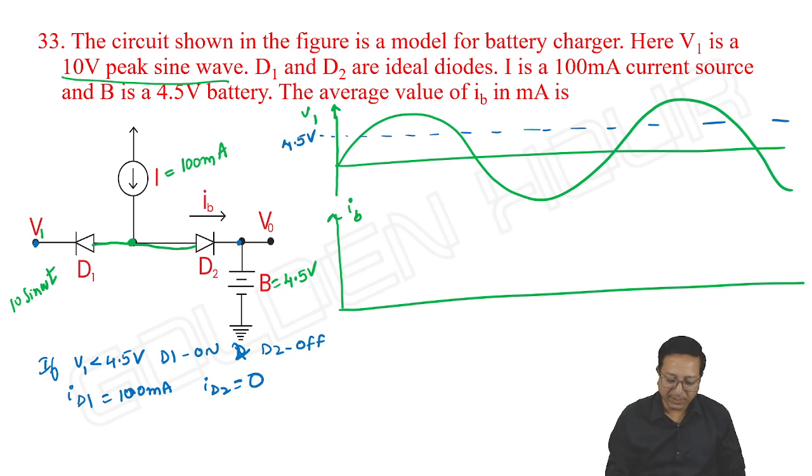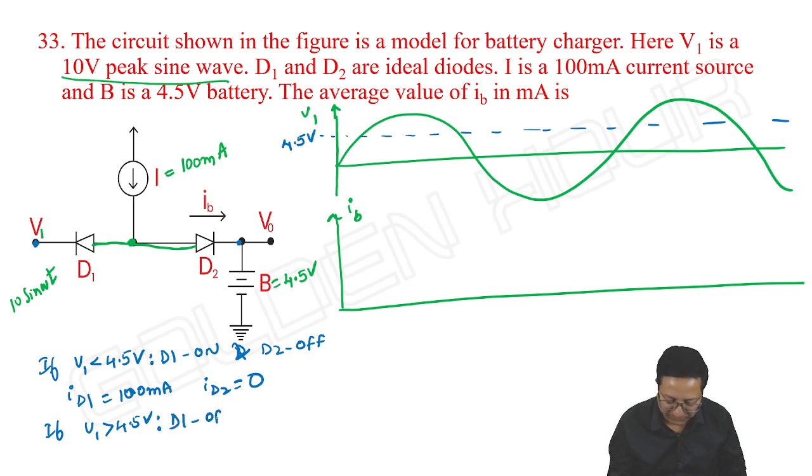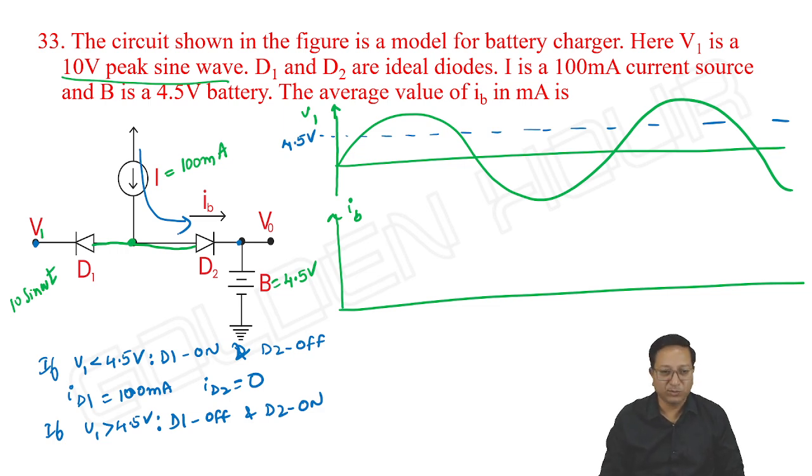Okay. Similarly, if V1 is greater than 4.5 volts, cathode of D1 is at higher voltage compared to cathode of D2. So definitely D1 will be off and D2 is on. If D2 is on, entire current goes like this only. D1 is off means it acts as open circuit.